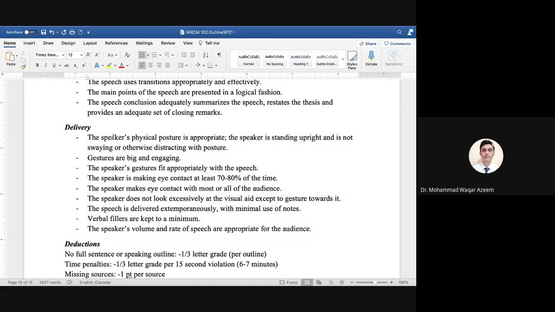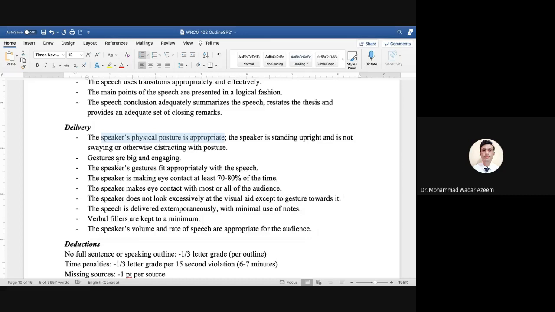The first thing is the speaker's physical posture. If you are sitting or standing, whatever the situation is, you should sit or stand upright. If you are bowed down too much, you won't be clearly visible to your audience.